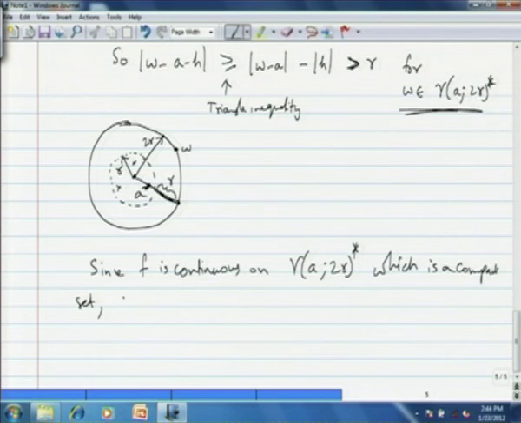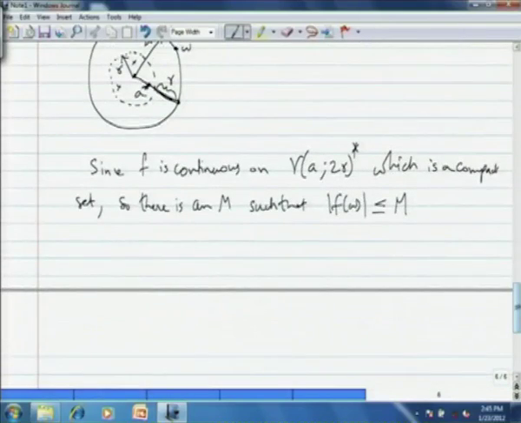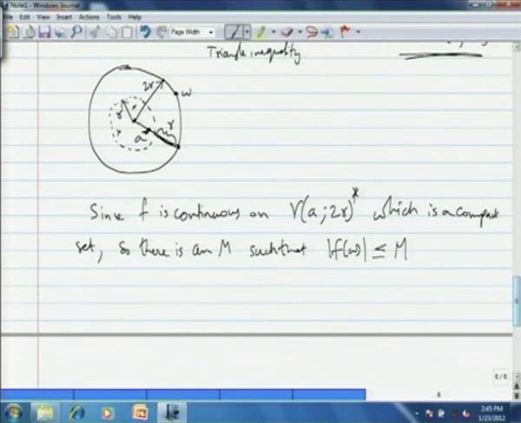So, there is an m such that the modulus of f of w is less than or equal to m. So, f is continuous and the modulus is a continuous function. So, the modulus of f is a continuous function on this compact set, so it assumes a maximum value. And then the modulus of f of w is bounded.